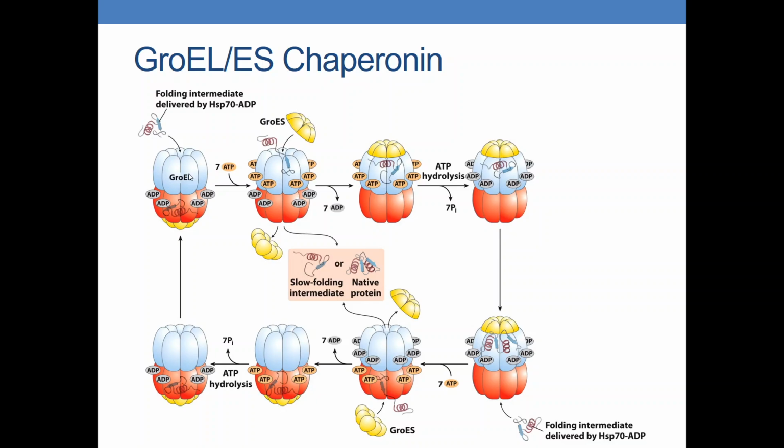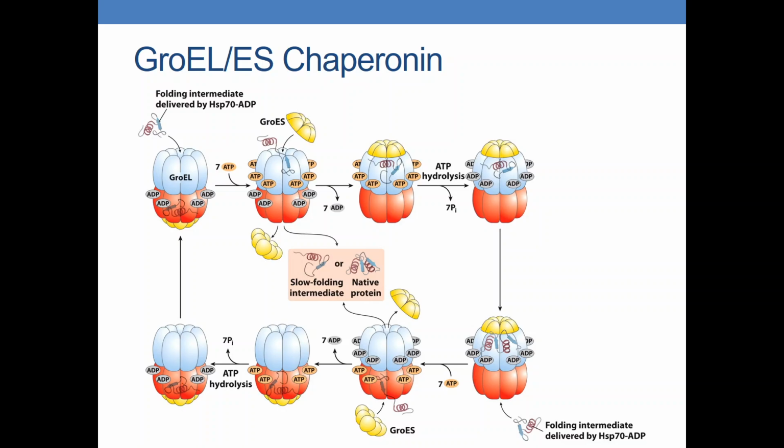So 2 7-membered rings packed against one another to create 2 distinct chambers. A protein folding intermediate, so this would be one of your substrates, is going to diffuse into that trans ring, the ring that is not in contact with GroES. Okay, so before I go any further, I want to highlight what is going to happen. So this substrate is going to diffuse in, and it's going to undergo capture.